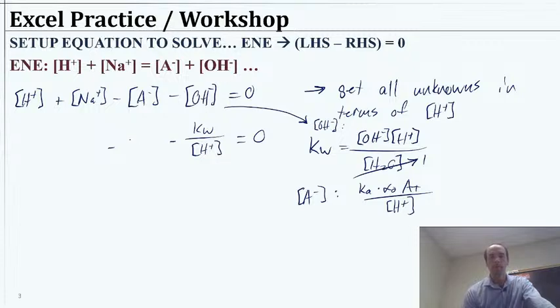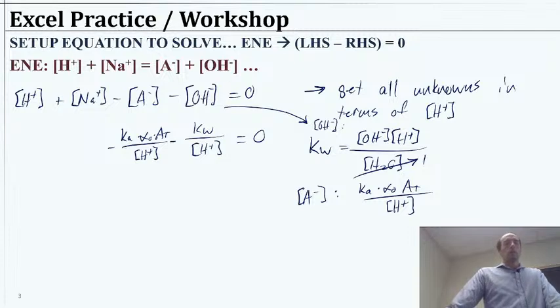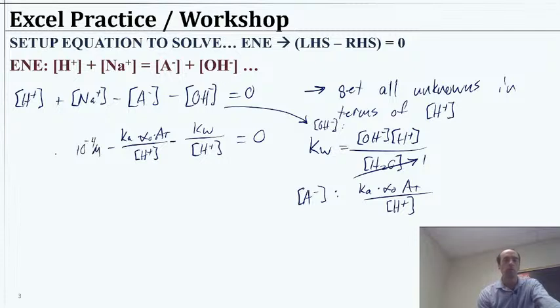So I'm going to put that here. Okay. Now, what are we going to do with the sodium concentration? Already given, exactly. So we can just put A total or 10 to the minus fourth, whatever we want to do there, that's fine. And of course, H plus is fine, right?